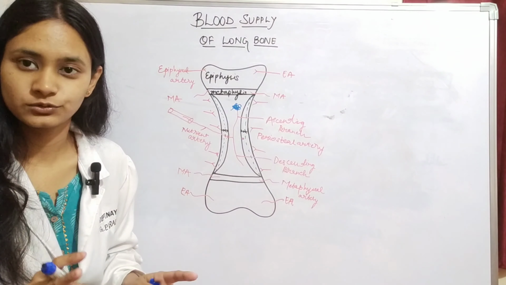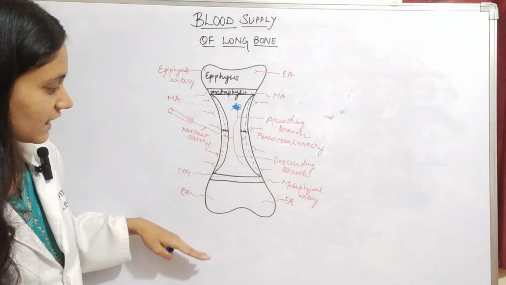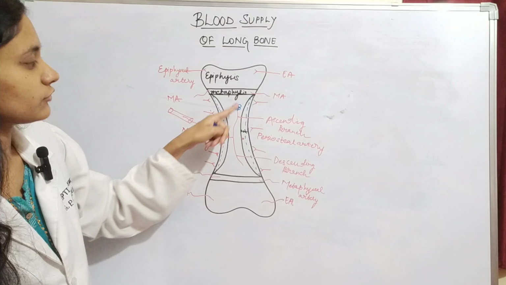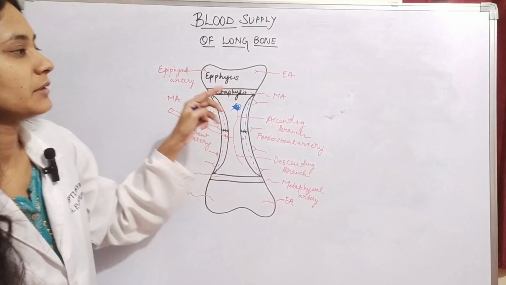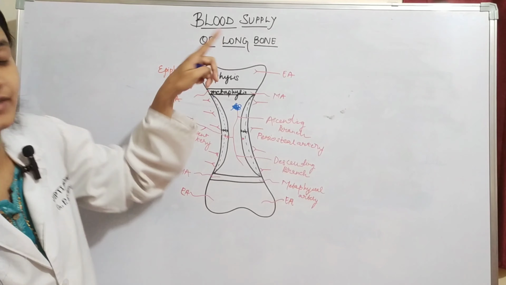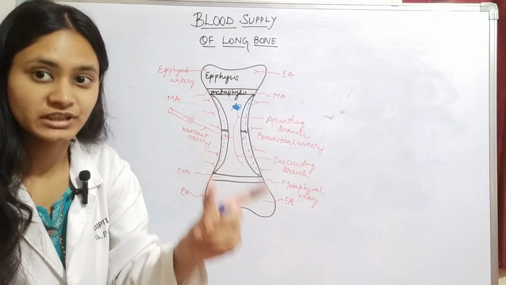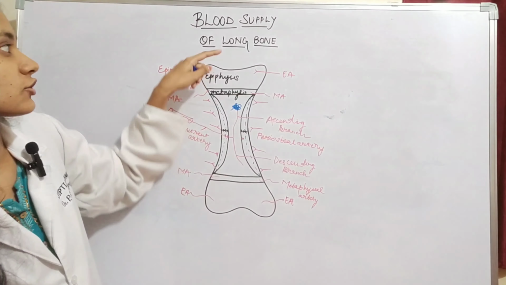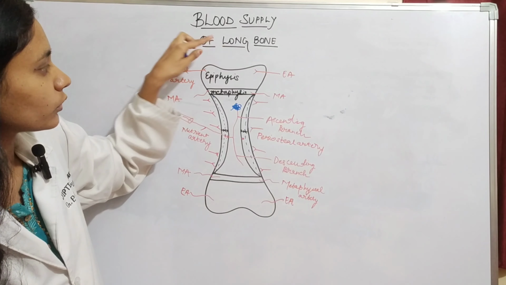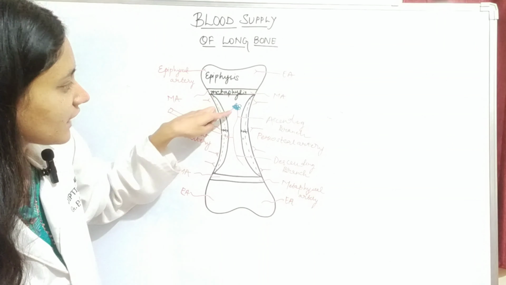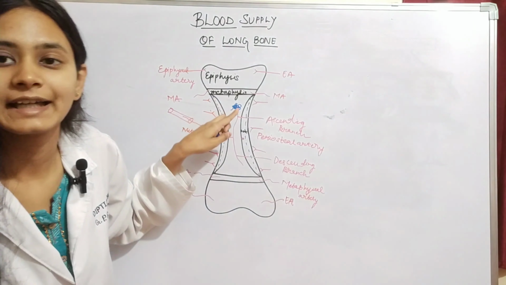So here we have learned the two differences: everything will be the same, but in a long bone the ascending branch will form a hairpin-like structure, but in a short long bone, which we studied in the types of long bone, that is miniature long bone or short long bone, we will have a plexus kind of formation formed by the ascending branch.